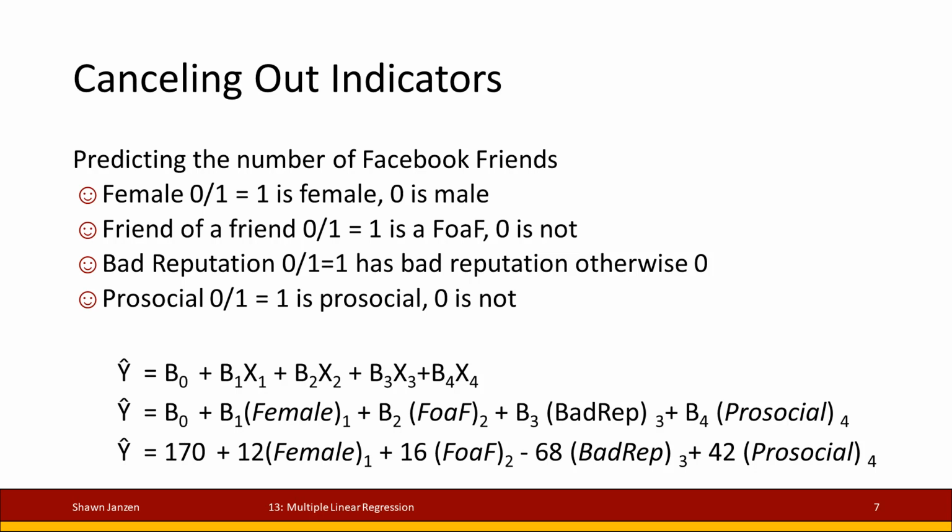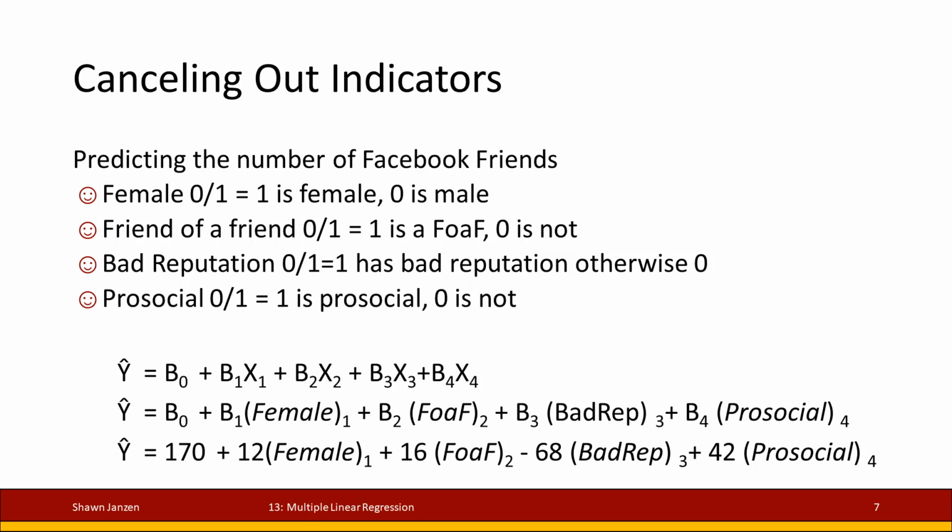So 1 if somebody is a friend of someone's friend, 0 if they are not. The third one is bad reputation. 1 if this person has a bad reputation or not. 1 has a bad reputation, 0 means they do not. And prosocial, 1 means this person's a prosocial individual, 0 if they're not.